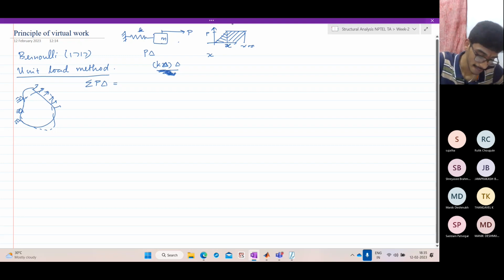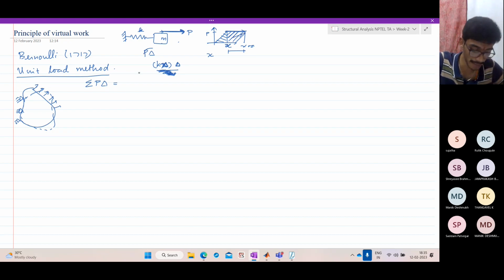In that case, there will be a force of Kx already in the spring, and that will act through the displacement delta. So the constant force in this process will be P. So the work done by the internal forces in this process should be equal to the work done by the external forces. So that is basically energy conservation.